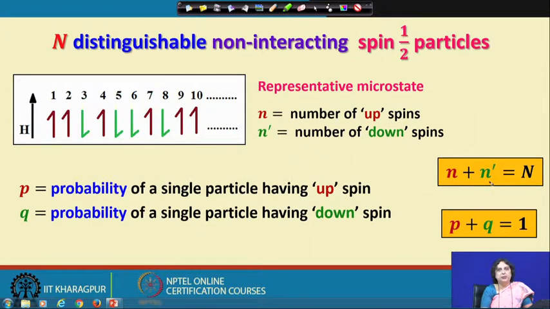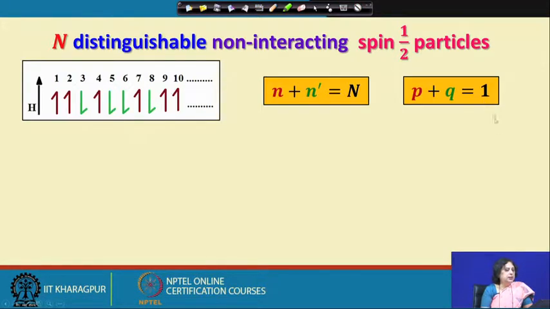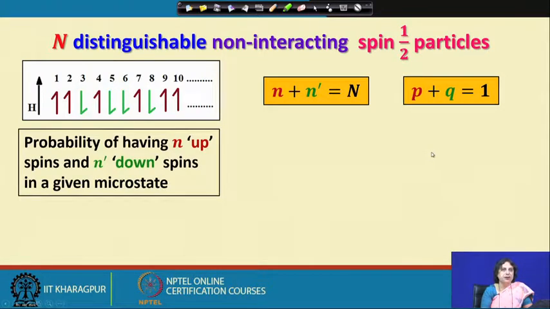The value of n prime is always capital N minus small n. Now, with this background in mind, let us have a look at the kind of distribution that we are talking about for a system like this.